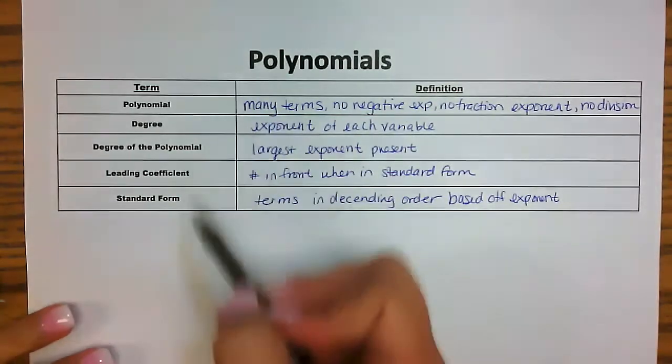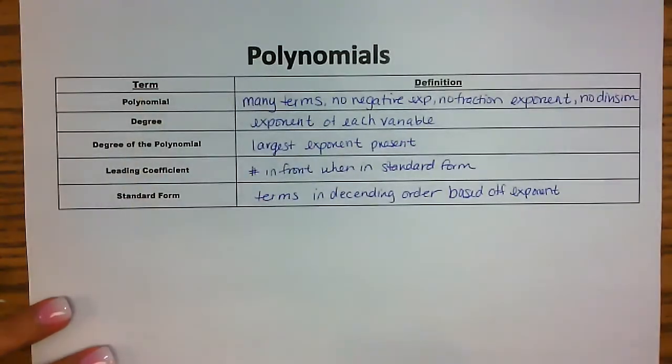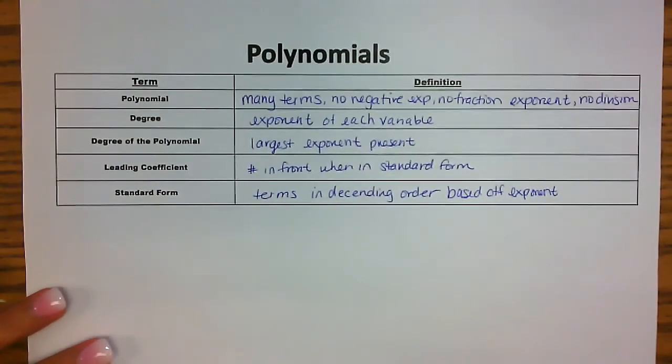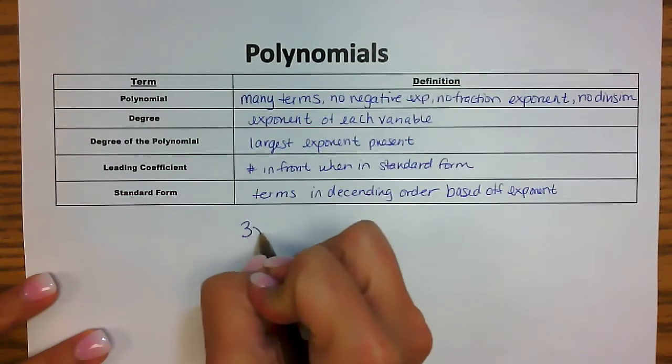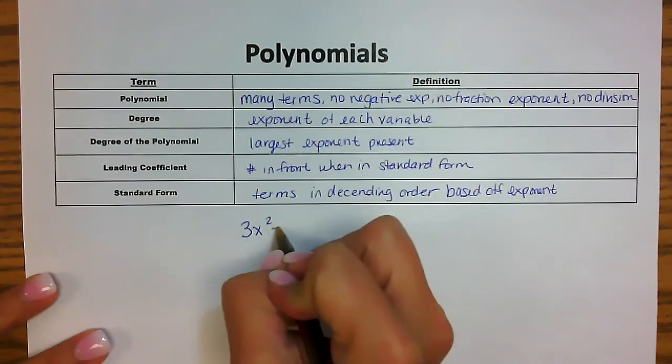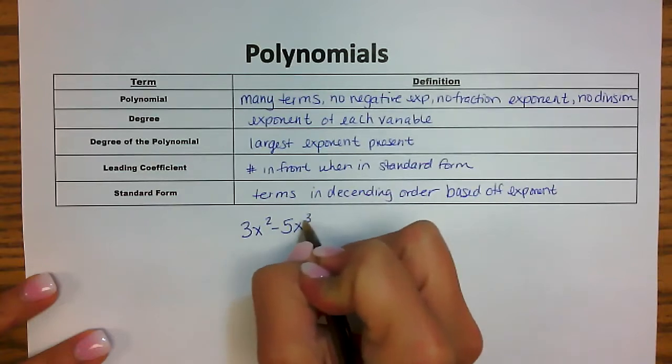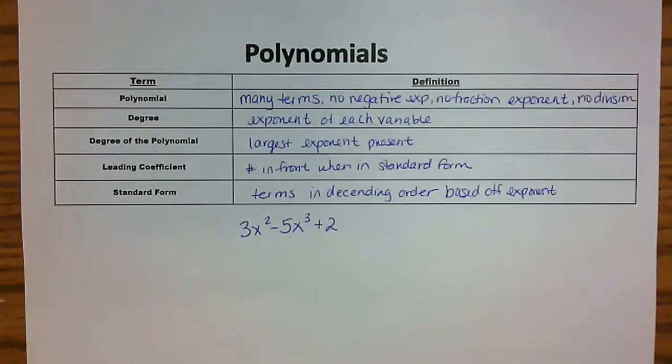Okay, so we're going to take an example and talk about all of this vocab with one example. So let's say we have 3x squared minus 5x cubed plus 2. Given that example, that is a polynomial. It's got three separate terms.